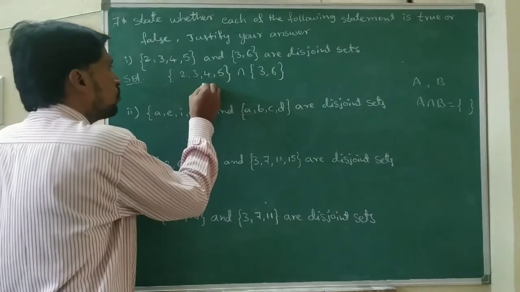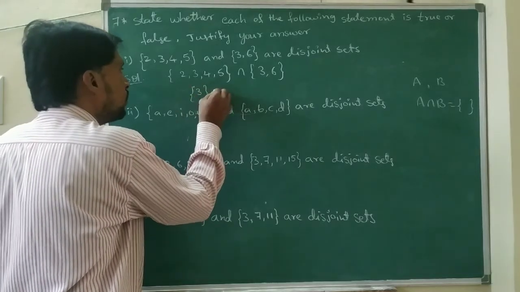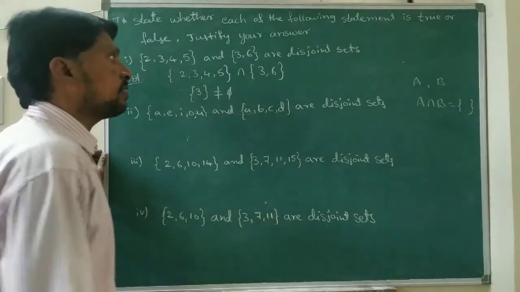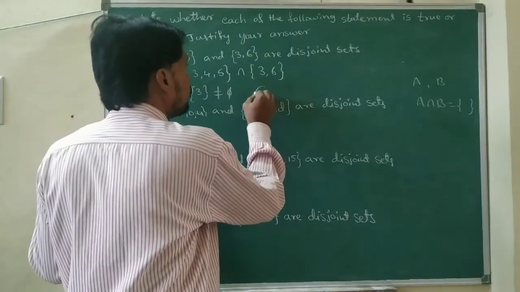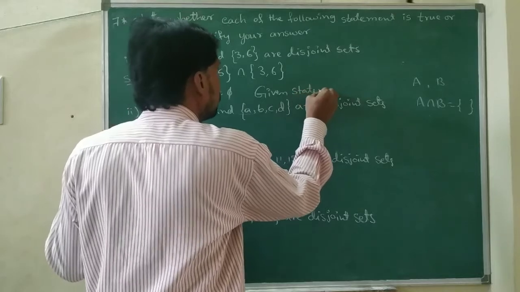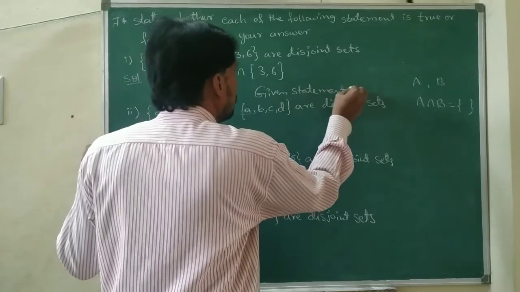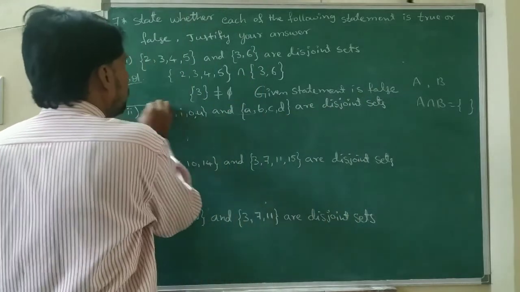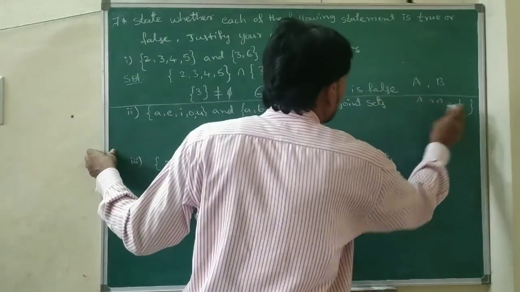Here 3 is the common element. So we got 3 as the common element, which means it is not equal to phi. It is not equal to phi, which means the given statement is false.